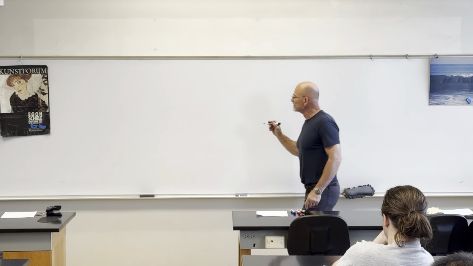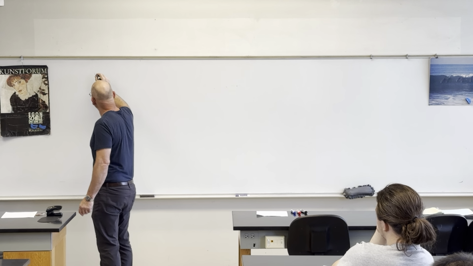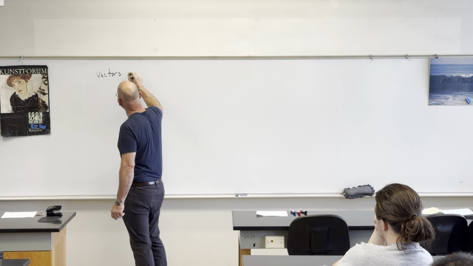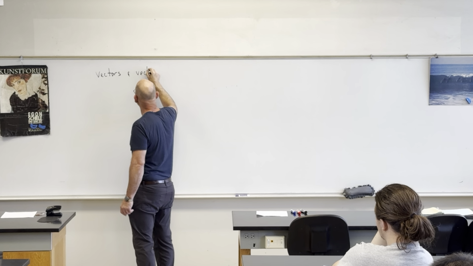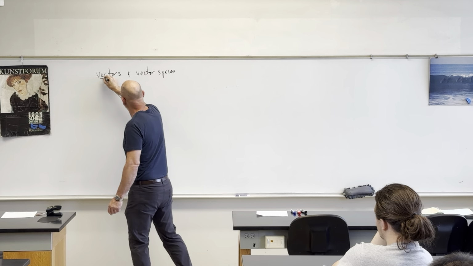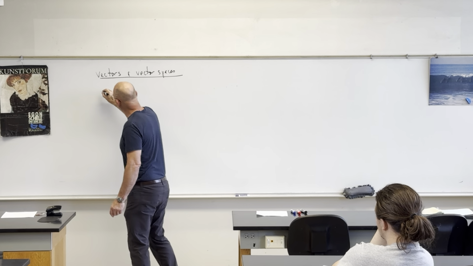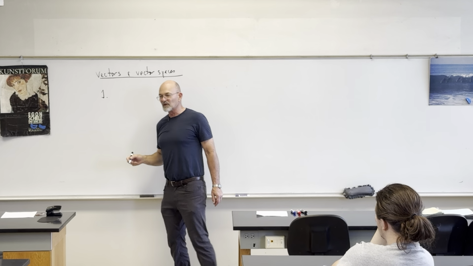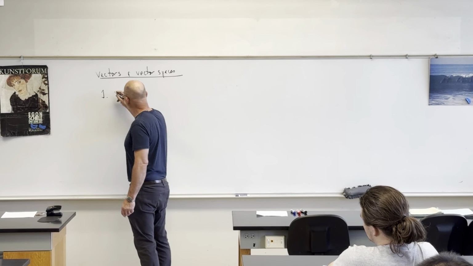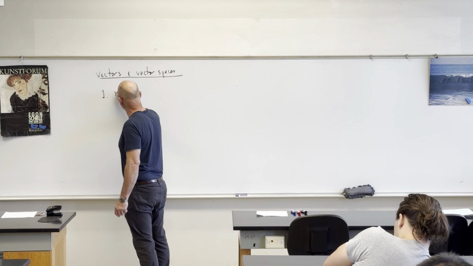Okay, good. First run through these vectors and vector spaces. The first version is that vectors are arrows. They're just arrows in free space, and those are the ones we've been looking at for the most part.